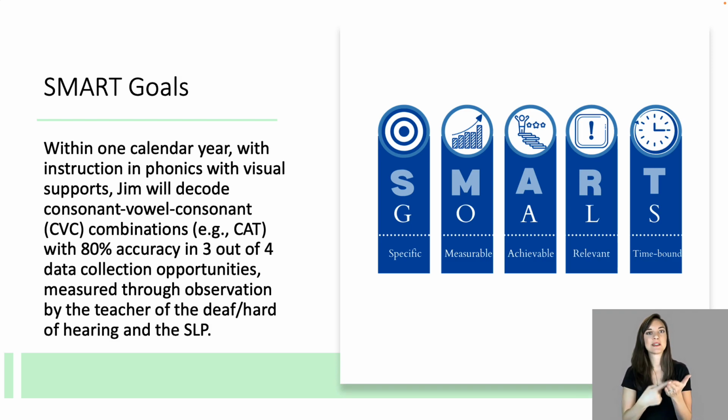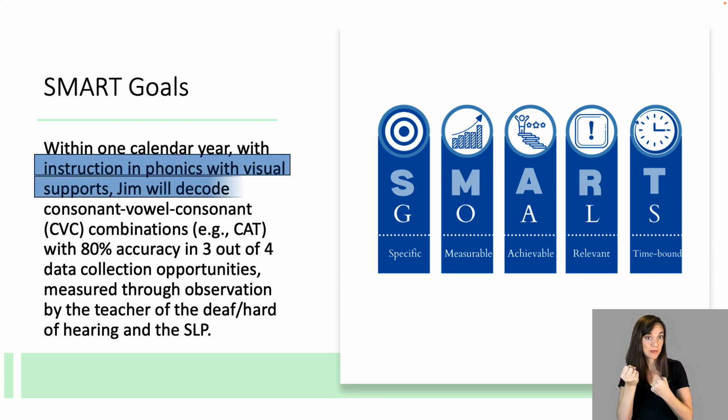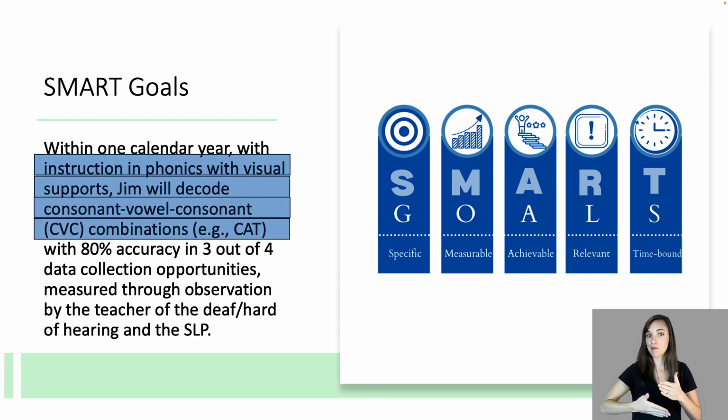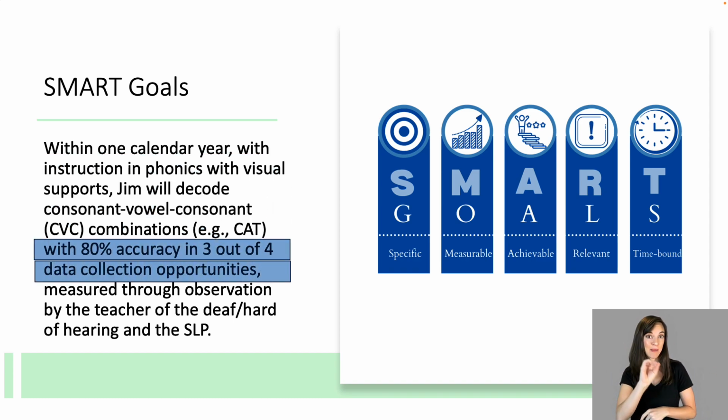It is specific because it discusses the specific instruction that will be used, instruction in phonics with visual supports, and the expected outcome of Jim will be able to decode consonant-vowel-consonant combinations. It is measurable with 80% accuracy and 3 out of 4 data collection opportunities.